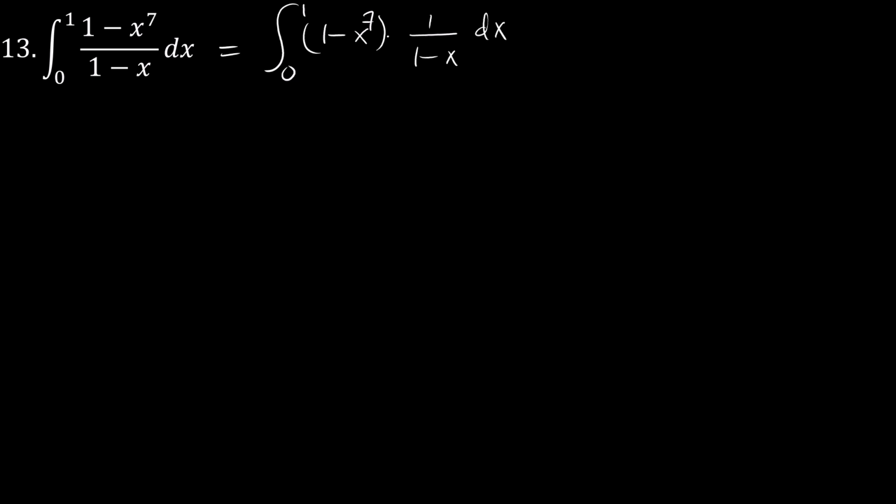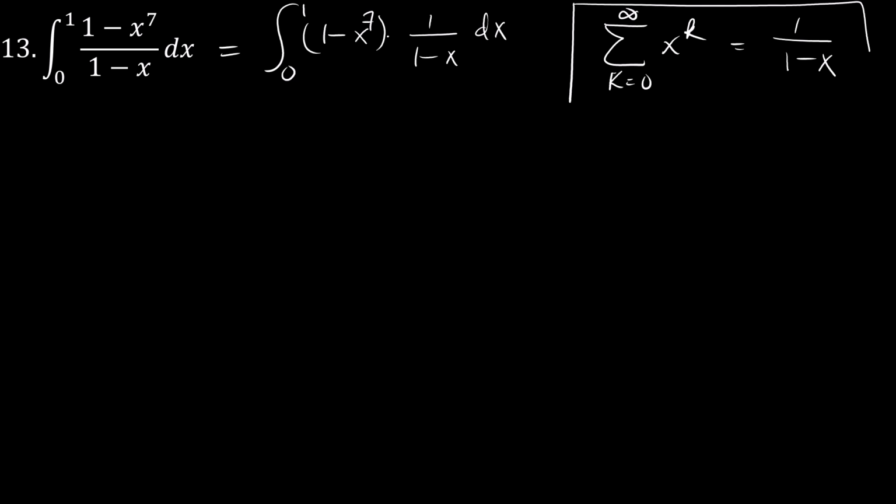So we know that the summation from k equals 0 to infinity of x to the power k is equal to 1 over 1 minus x, in the event x lies between negative 1 and positive 1, so the absolute value of x is less than 1, right?